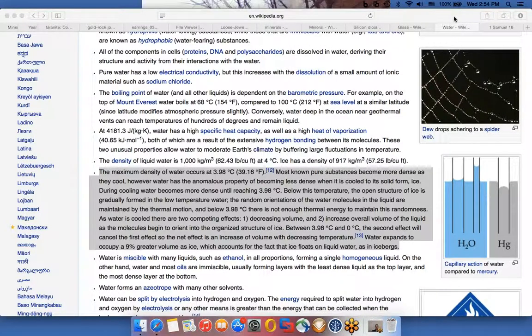Minerals, gases, liquids, everything, when cooled down, is more dense. Water is also more dense when it's cooled down. But why is ice less dense than water so it can float? That is the question that I'm asking.